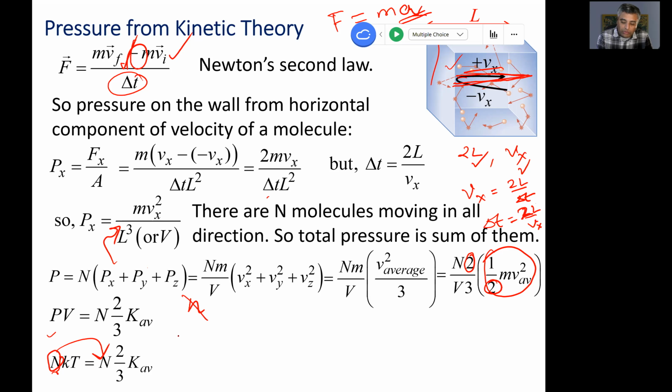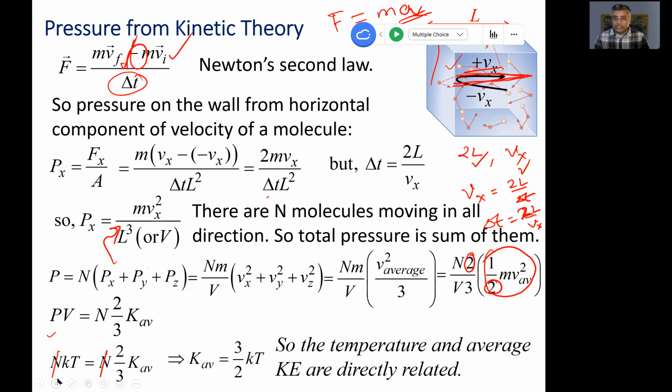I'm not using moles, rather I'm using the very first equation I wrote. That way this n and n cancel, giving me this nice equation. So it tells me the kinetic energy simply depends on temperature. So that's where the definition of temperature comes from. What is temperature? Temperature is the average kinetic energy of gas molecules.